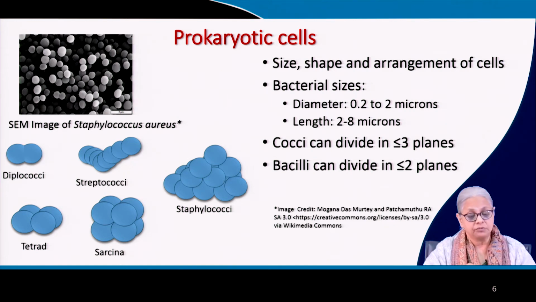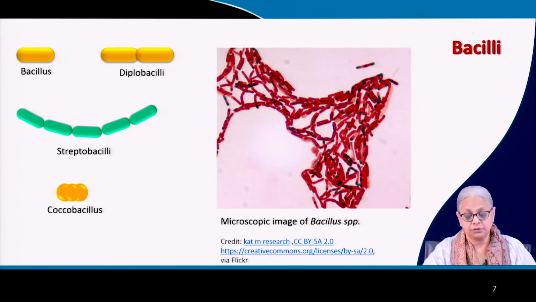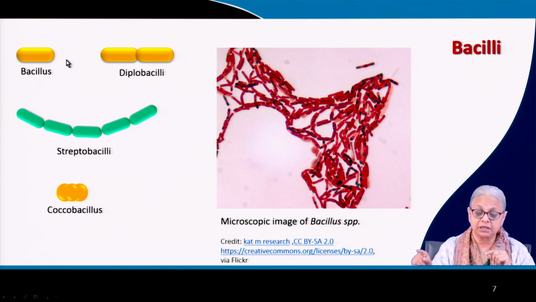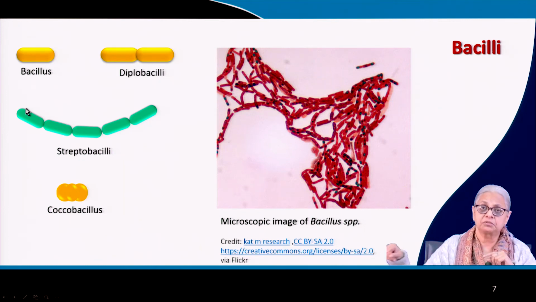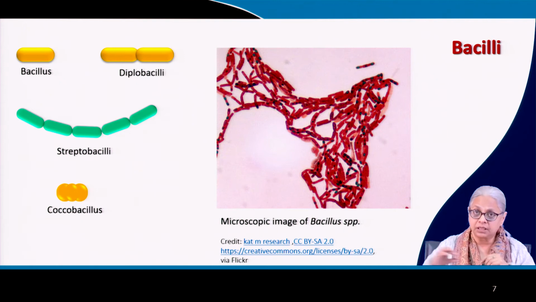Bacilli are slightly different. They are rod-shaped bacteria. So here we have bacilli species. You can see they are all elongated rod-shaped bacteria. So this is a single bacillus. If it divides in one direction, you get diplobacilli. If it continues to divide in the same direction, forming this long chain or filament, you get streptobacilli, same nomenclature.